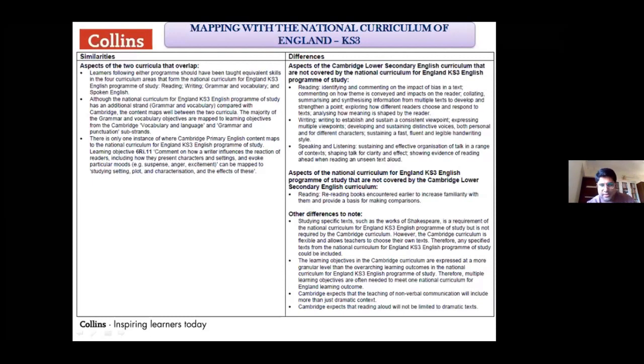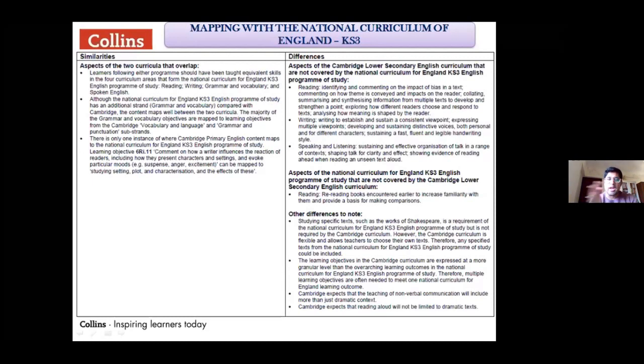However, the differences that are found, like some aspects of the Cambridge lower secondary English curriculum that are not covered by the National Curriculum of England programme of study, but which are prevalent in our 0861 curriculum, of course, are reading, collating, summarizing, synthesizing, which we all have been doing. There's not much of a difference if you observe, but there's a little bit of in-depth understanding.